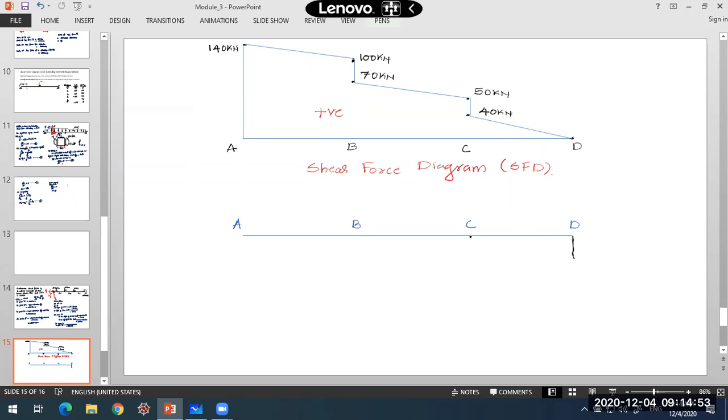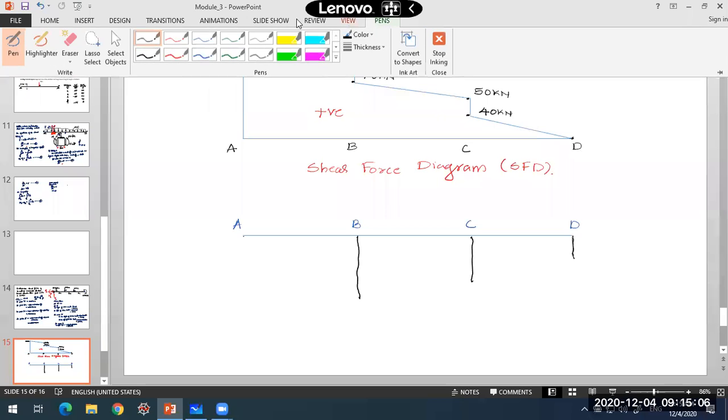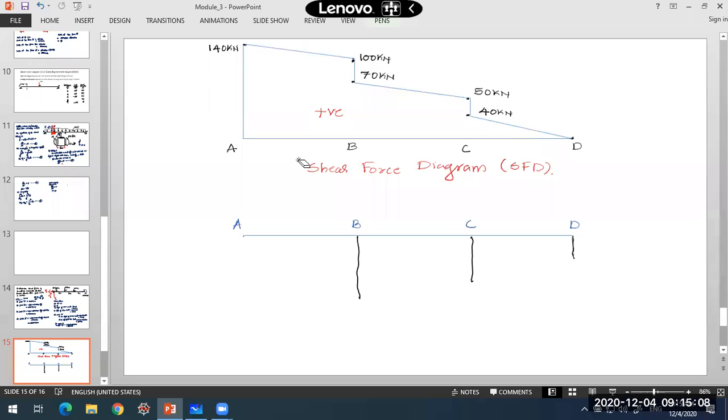And when I come to point C, what is happening? It is minus 80. These ordinates are just straight lines.